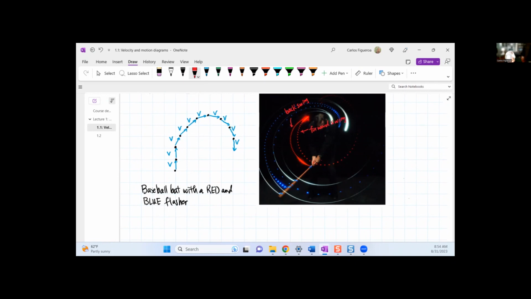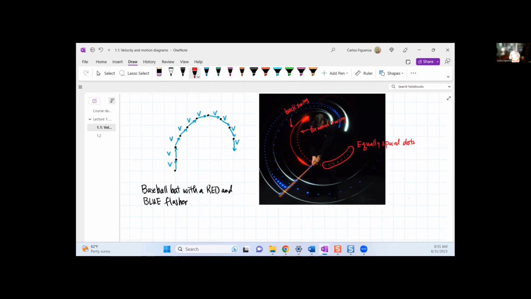Now, what you want to realize is that in the forward swing, look at the dots. See how the dots are closer and they're getting farther and farther apart? That tells you that not only are you changing directions, but you're speeding up. But at this point right here, these are equally spaced dots.